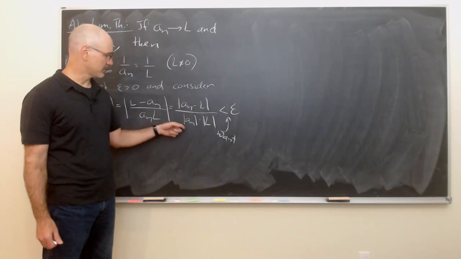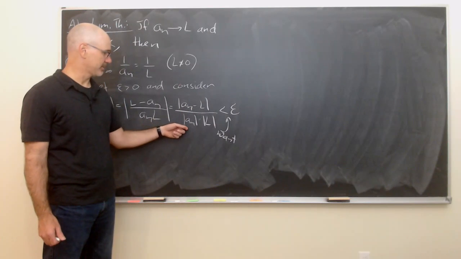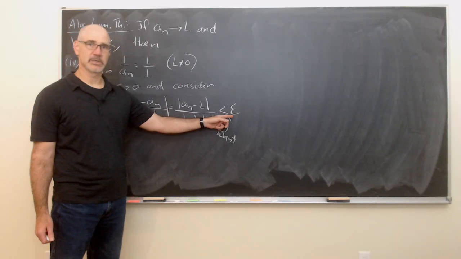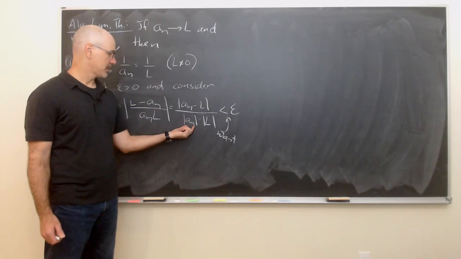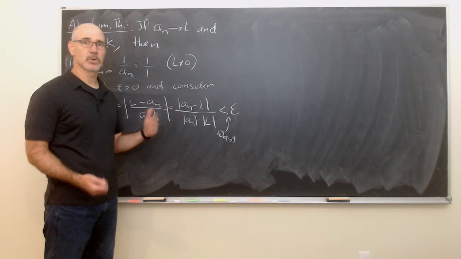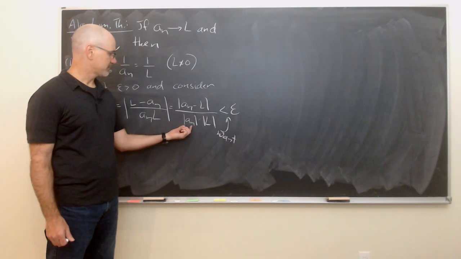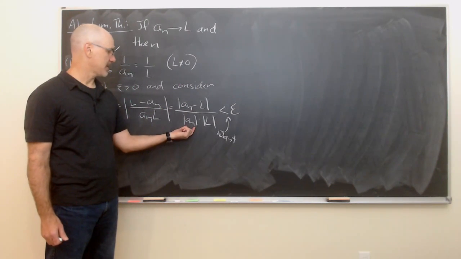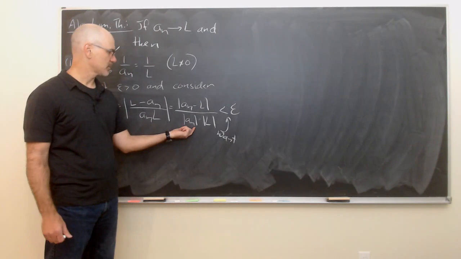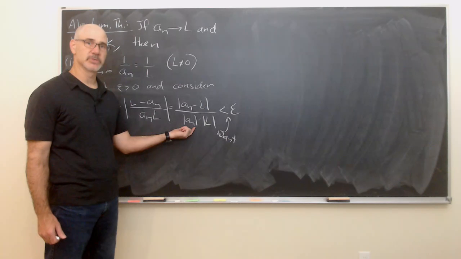If we think about this in the denominator, the problem is that a sub n could get really, really close to 0, and that would blow up the quotient. So we have to somehow make sure that the a sub n here in the bottom can't get too small. That's what I mean when I say we have to bound it away from 0.